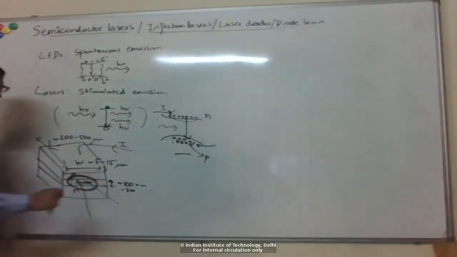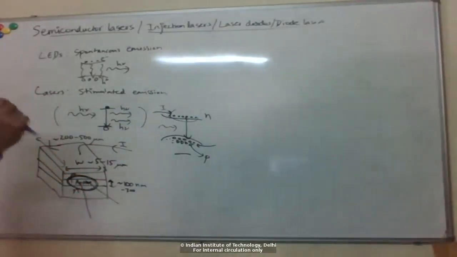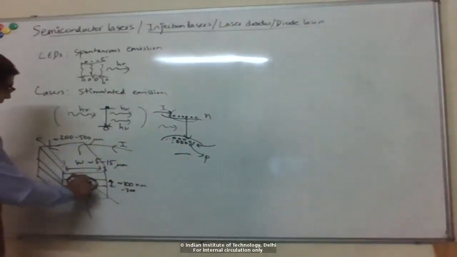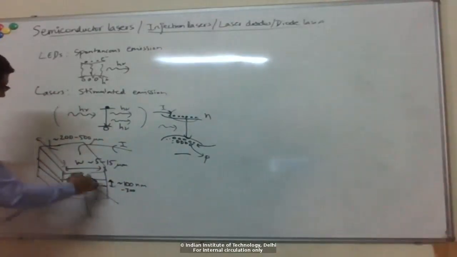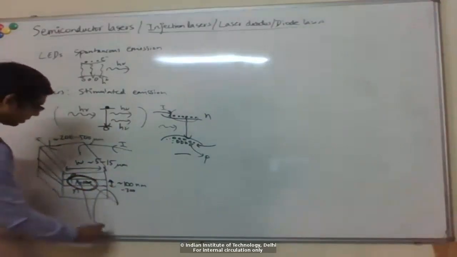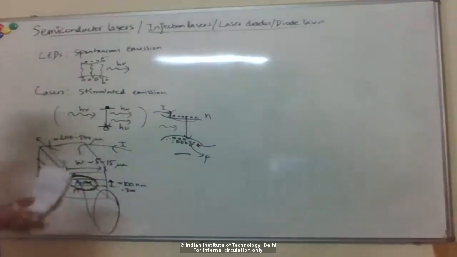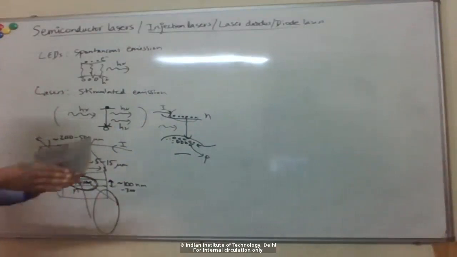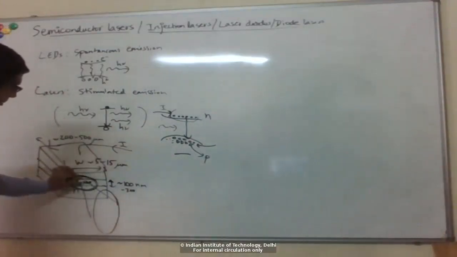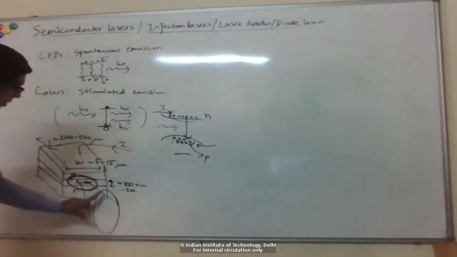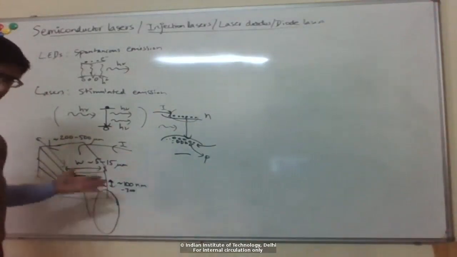So the mode coming out of these lasers is not circular, but slightly elliptical. So when this goes out and diffracts into the far field, it becomes elliptical in the other direction, right? You know that the smaller dimension diffracts faster than the bigger dimension. So it becomes elliptical in the other direction in the far field.